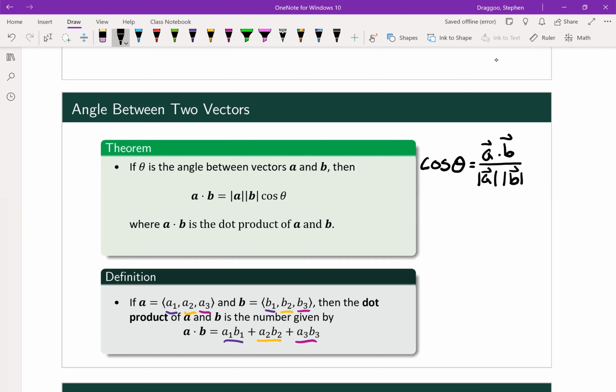So if we're looking to quickly solve for the angle between two vectors, we should be able to say that theta is the inverse cosine, or the arc cosine, of the dot product divided by the magnitudes. We'll remember to put hats on each of these because they are all vectors.